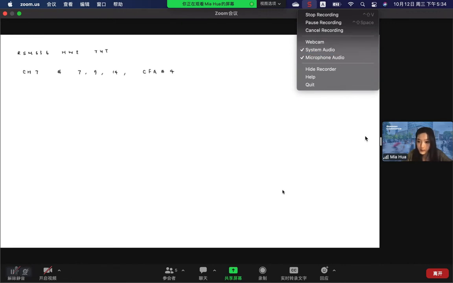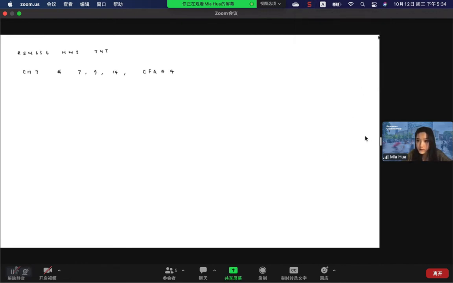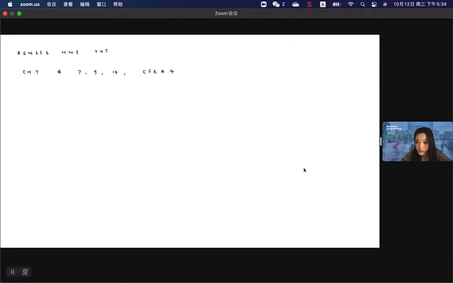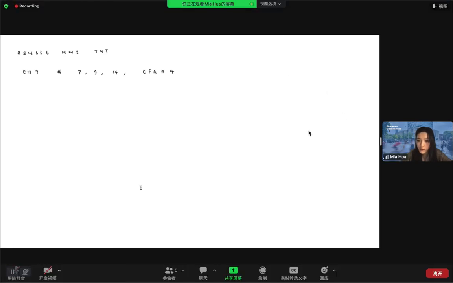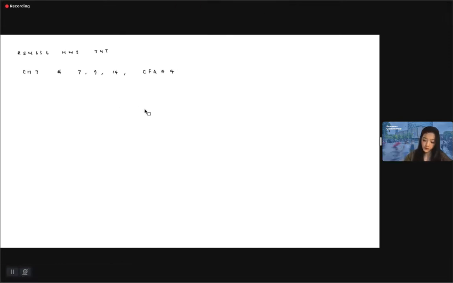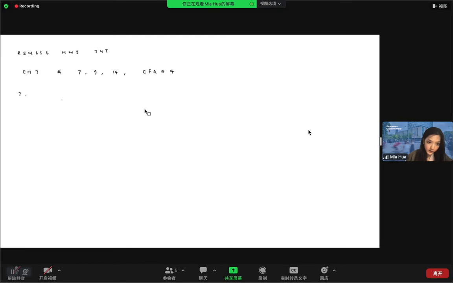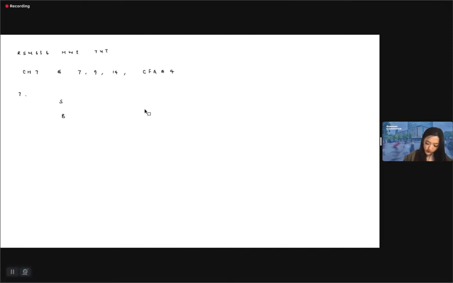For question 7, it asks: solve numerically for the proportion of each asset, the expected return and the standard deviation of your portfolio, of the optimal portfolio. So you have 2 assets. One is stock and one is bond.